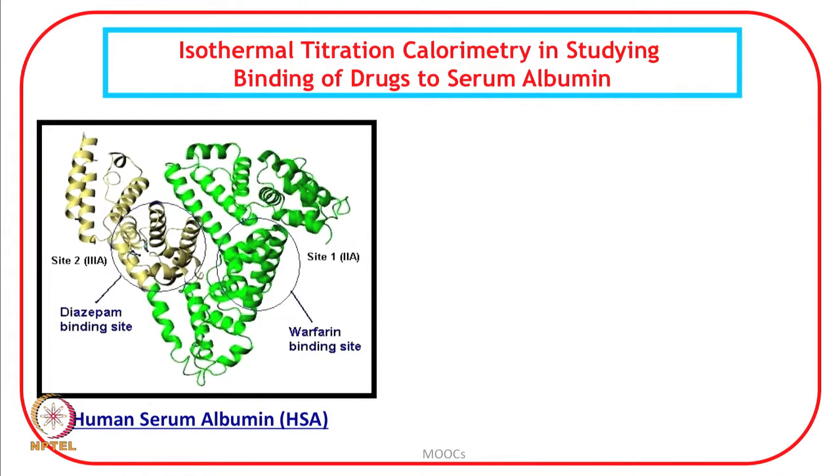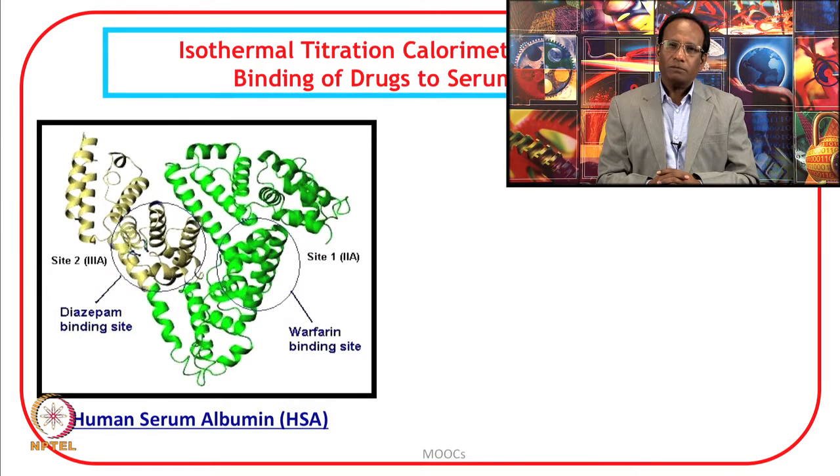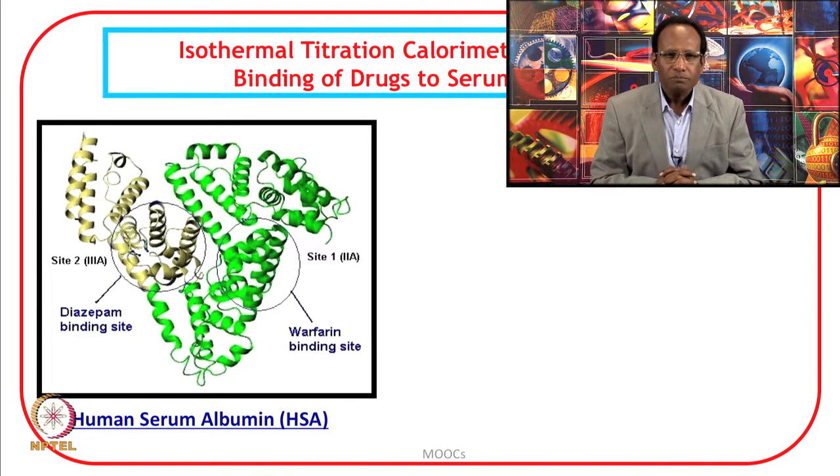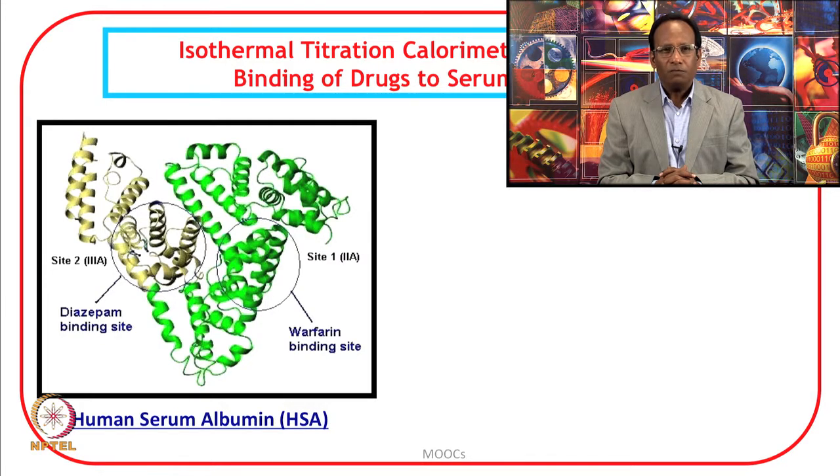Serum albumin is a plasma protein. It is a protein in the blood, and its concentration in the blood can be as high as 40 gram per liter. It is a major transport protein of a variety of molecules to the different parts of the body.